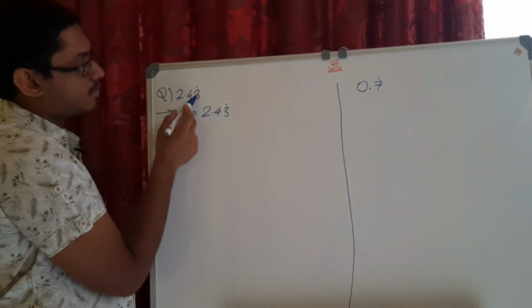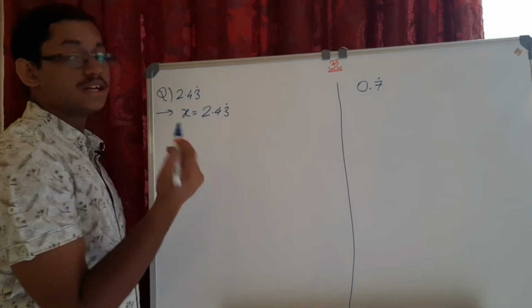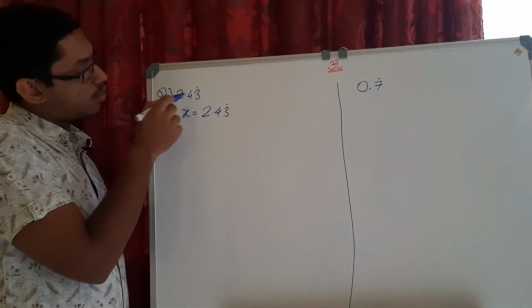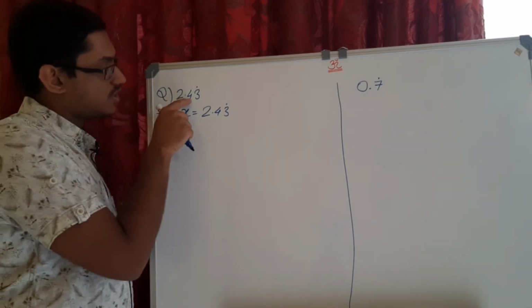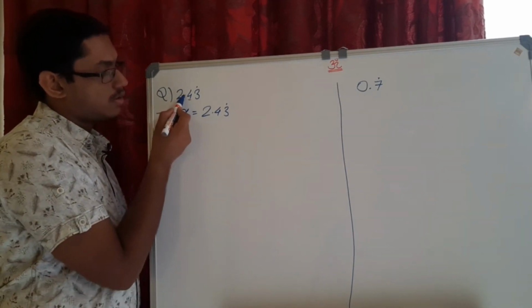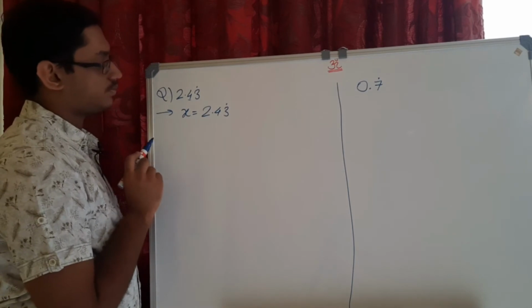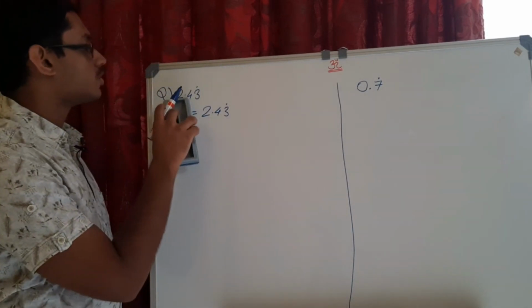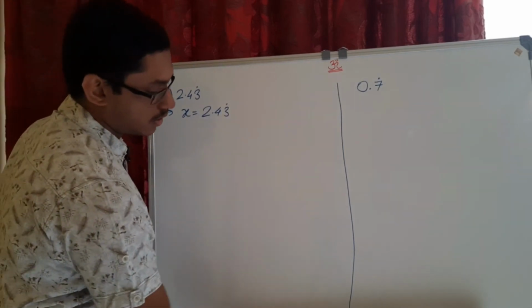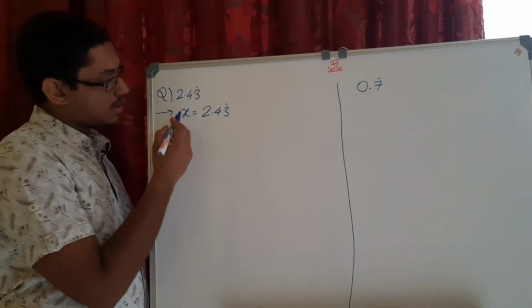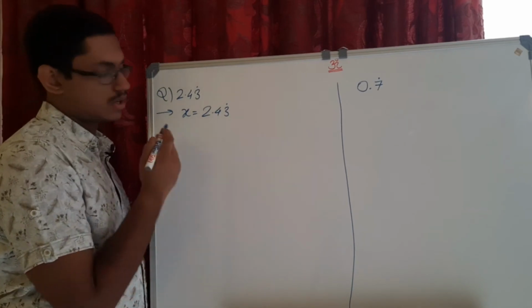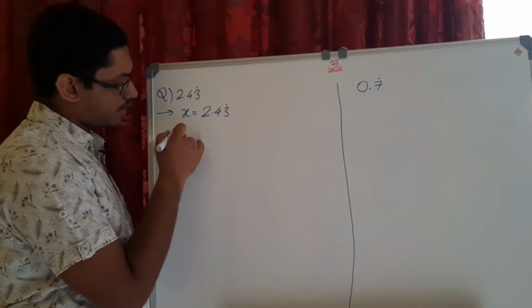Here this repeating number is not just beside the point, it is one digit away from this decimal point. Alright, so in such cases the first target is to bring this number just beside this decimal point. So how to do that?